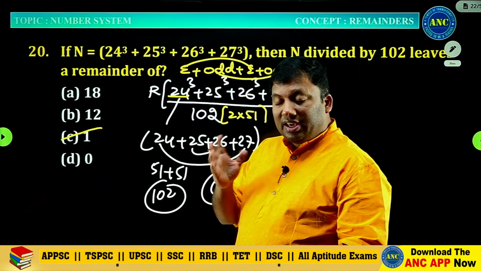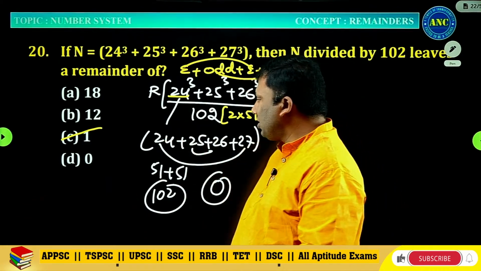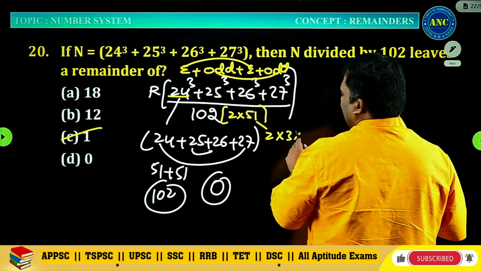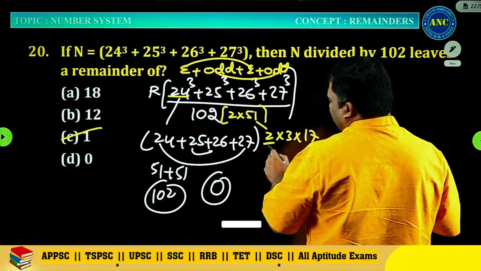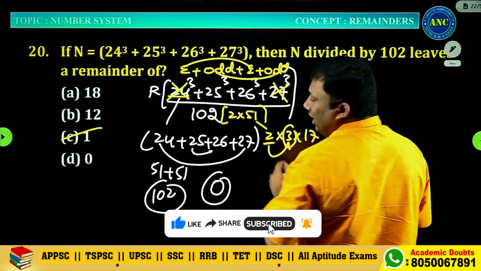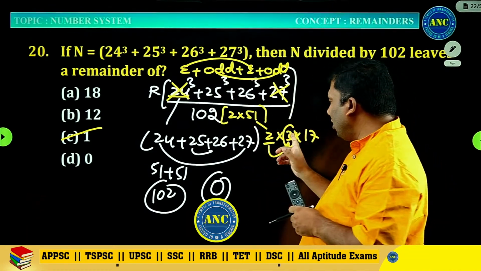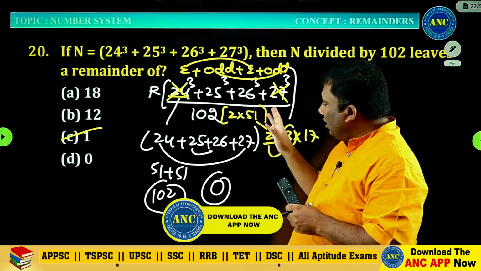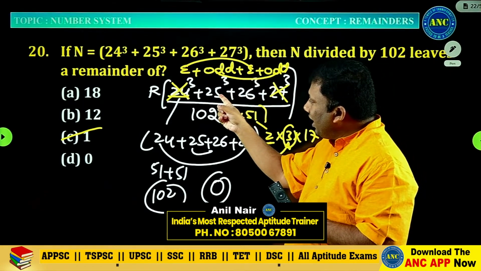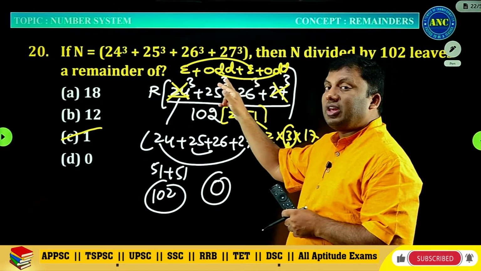In fact, see here. Once you know the concepts, even if you forgot this method, how will I solve it? 51 is 3 into 17. You are stuck with 2, so go to 3. 27 is divisible by 3. 24 is divisible by 3. 3 8s are 24. 2 cube is 8. a power n plus b power n is divisible by a plus b because the power is odd.